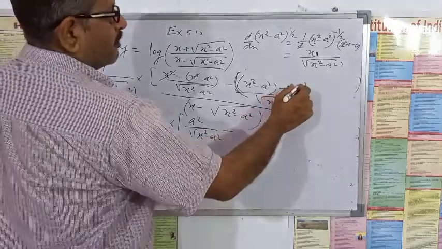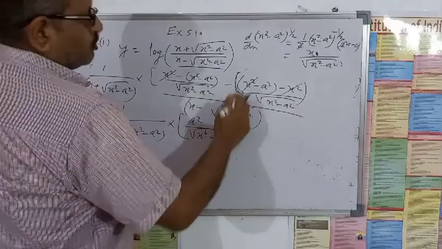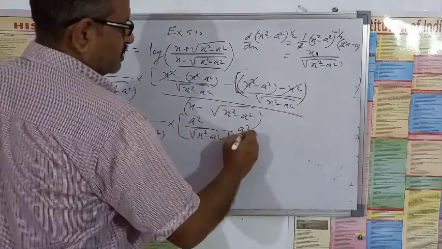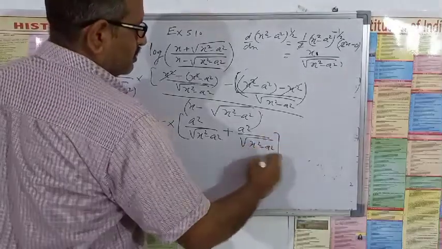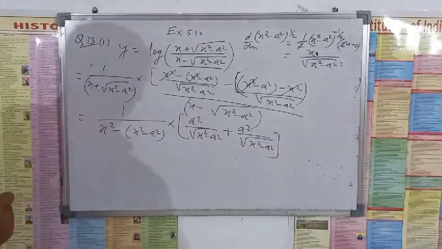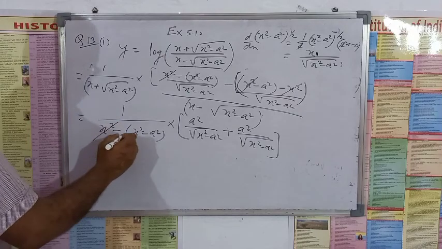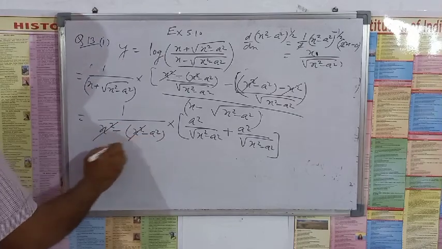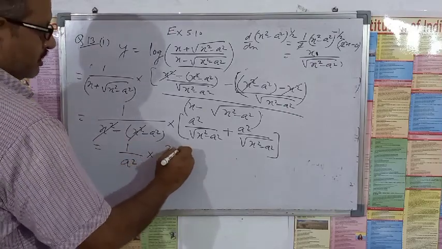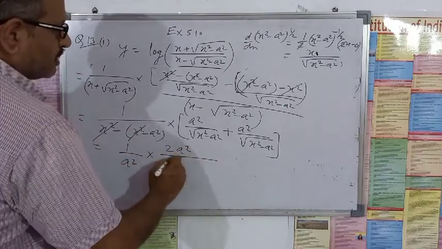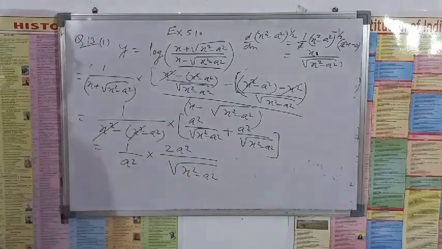Minus, here minus x square plus x square cancel. Minus into minus plus a square upon root x square minus a square. So x square minus x square cancel, open this bracket. So 1 by a square into 2a square upon root x square minus a square.